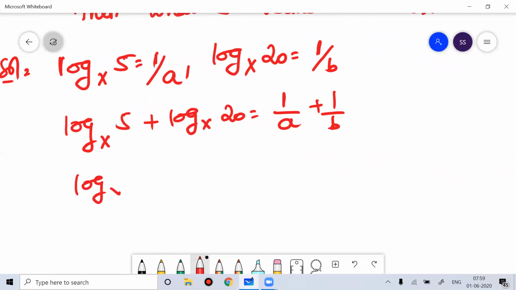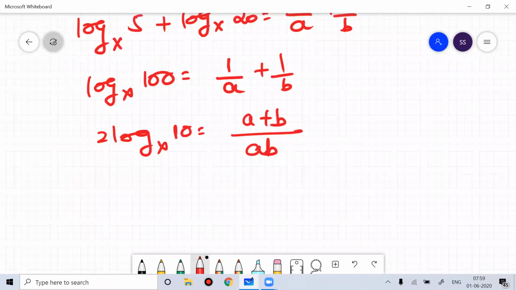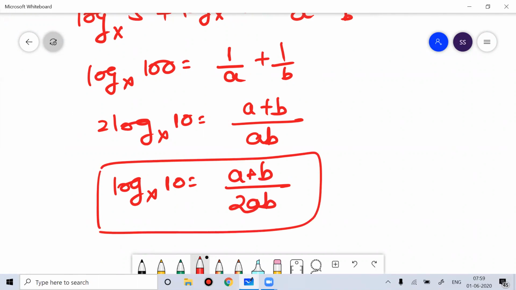So here the base is x, this is equal to 1 by a plus 1 by b. So this is 2 log base x 10 equal to, if you take ab LCM, you get a plus b by ab. So the value of log base x 10 is equal to a plus b by 2ab. This is the answer.